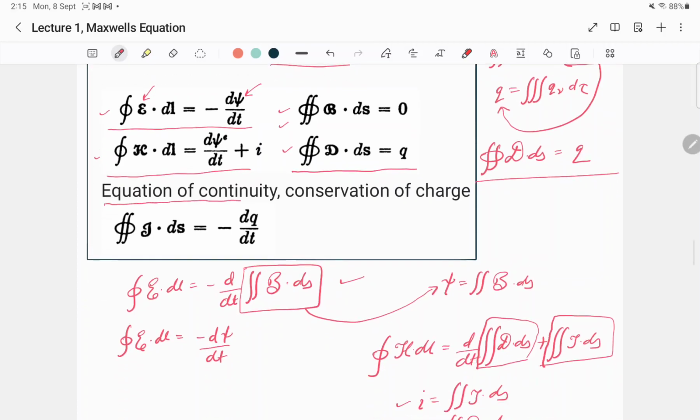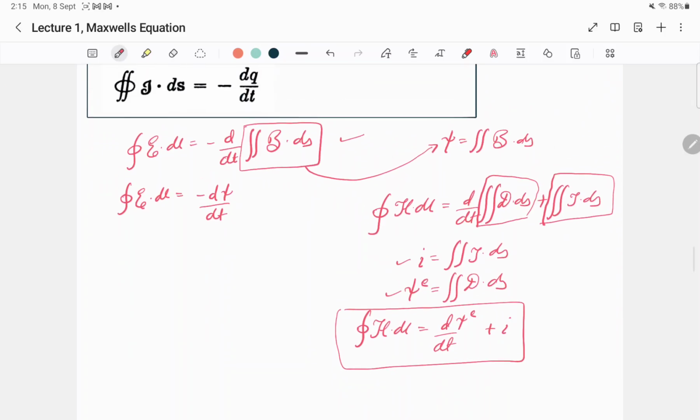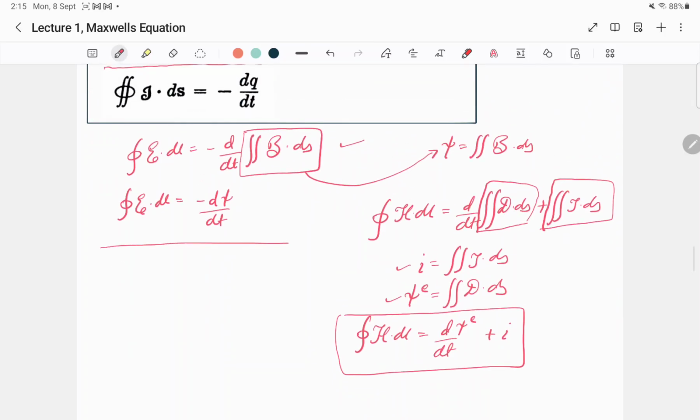Similarly, the equation of continuity can also be written in integral form. We know that the closed surface integration of J dot dS is equal to minus d by dt of the triple volume integration of qv d tau, and we already know that the total charge q is the volume integration of the charge density qv d tau.